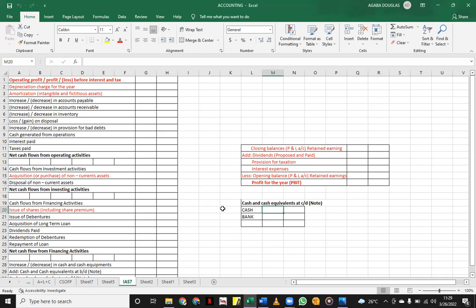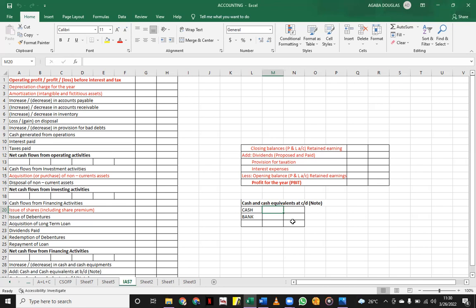Now, the other important area, before you begin working out, you need to put a check mark for you to know if your statement of cash flow is on point or not. The opening and the closing cash and cash equivalents. So you will need to identify the openings that are going to be in the previous year, and then the closings are going to be in the current year.